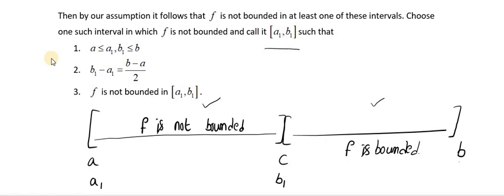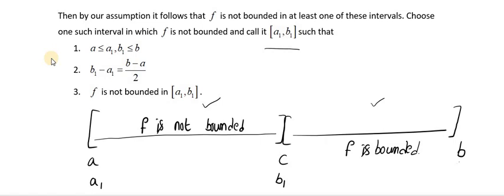If less than is true, then equal is false. If equal is true, less than is false. In this case, a equal to a1, less than or equal. Here, b1 is less than or equal to b. Here also, if less than is true, equal will be false. If equal is true, less than will be false. Now observe, b1 is less than b. That's why equal to is false. Less than or equal means anyone.